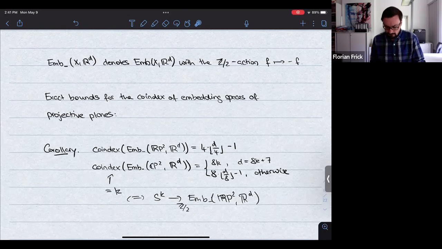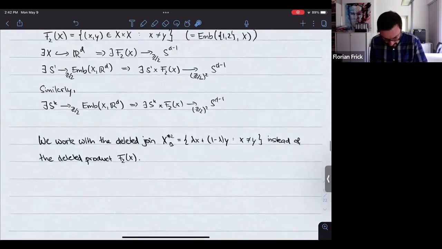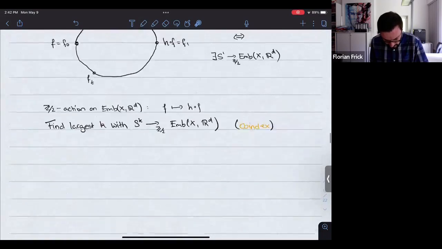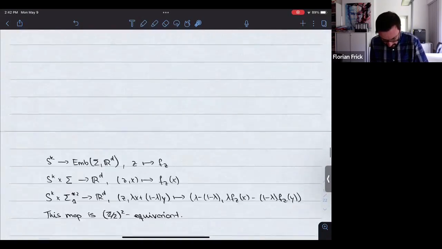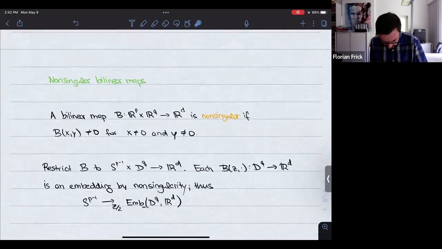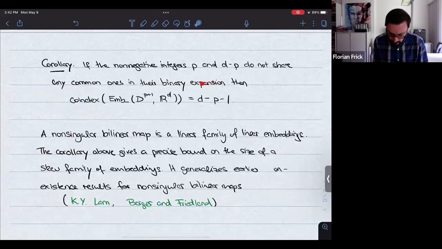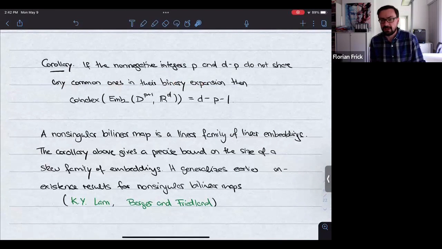And that's where the giveaway is. Where do I have this? Here. There are no common ones in their binary expansion.